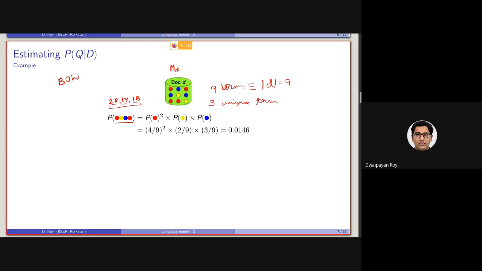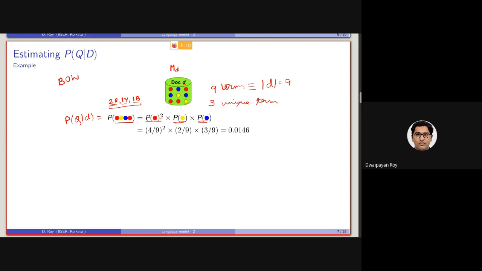So considering again the conditional independence assumption, the probability of generation of this query from this document d, the probability of Q given small d, will be the probability of red from the document squared, because it is occurring twice, into the probability of yellow into the probability of blue.